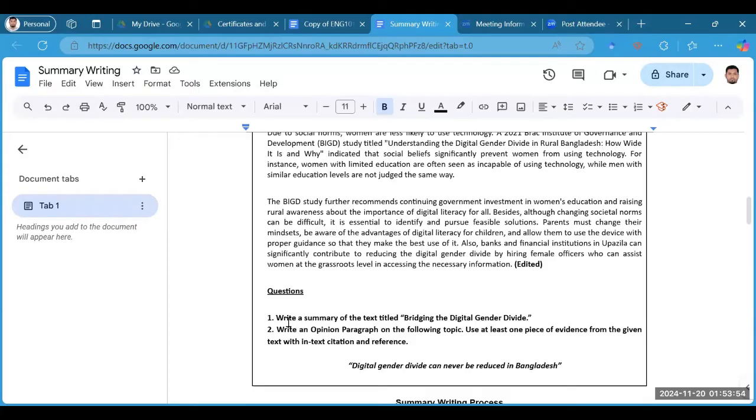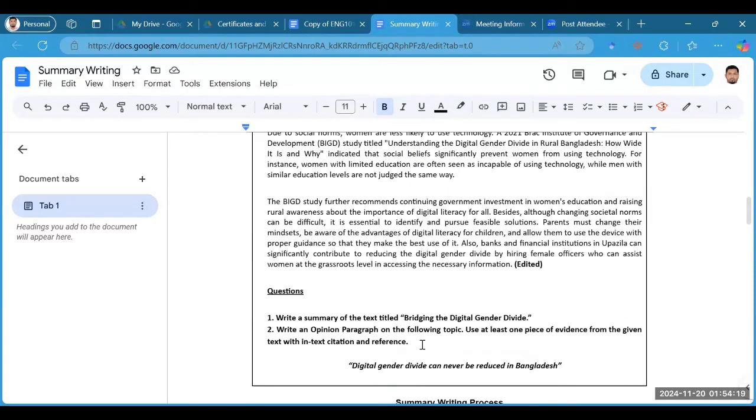The first question is, write a summary on the text titled Bridging the Digital Gender Divide. And the second question is the opinion paragraph on the given topic. It very clearly says that you have to use at least one piece of evidence from the given text with in-text citation and reference.